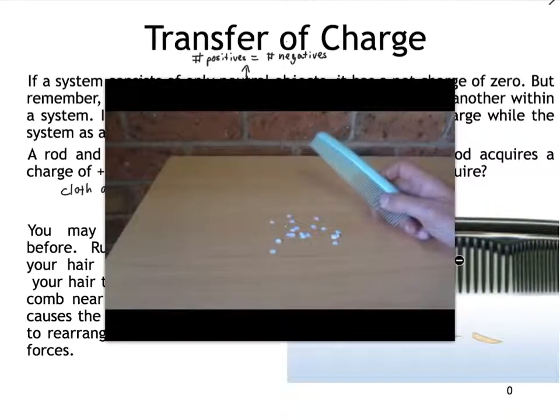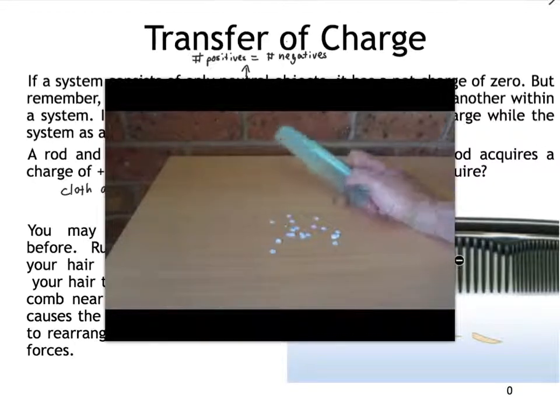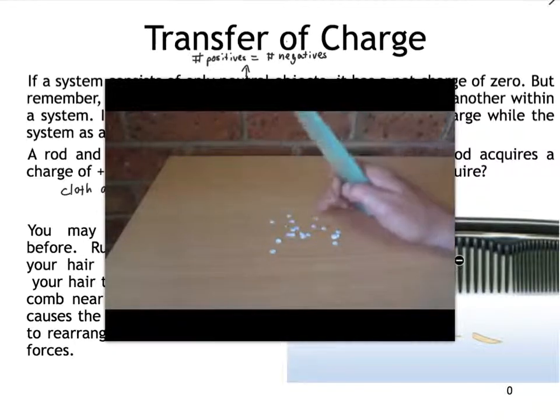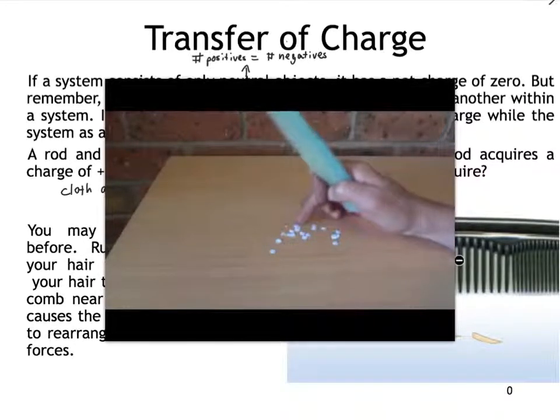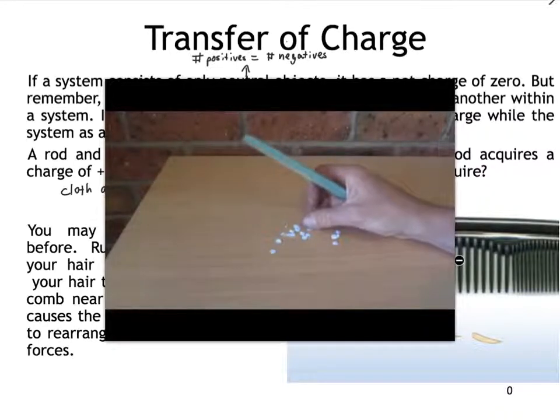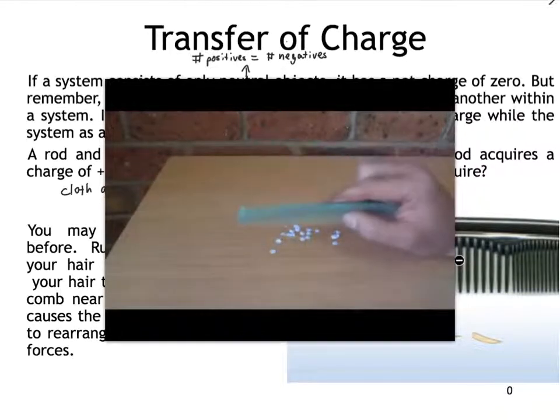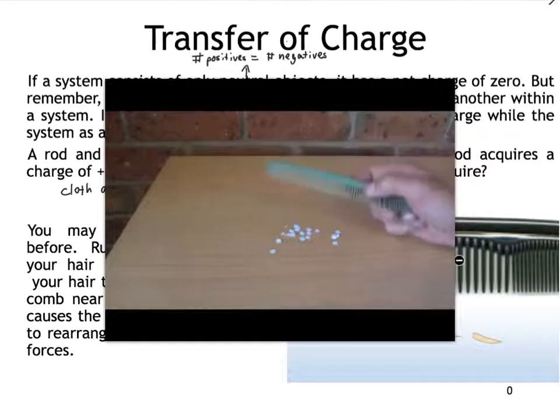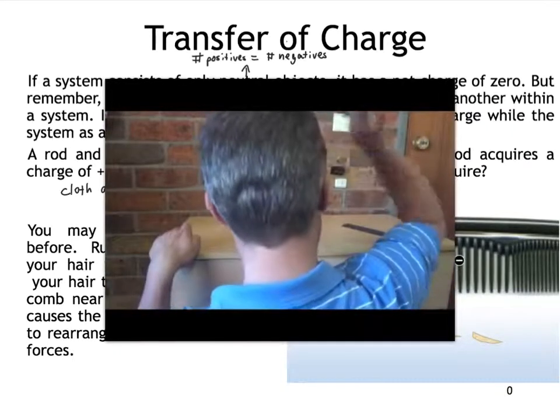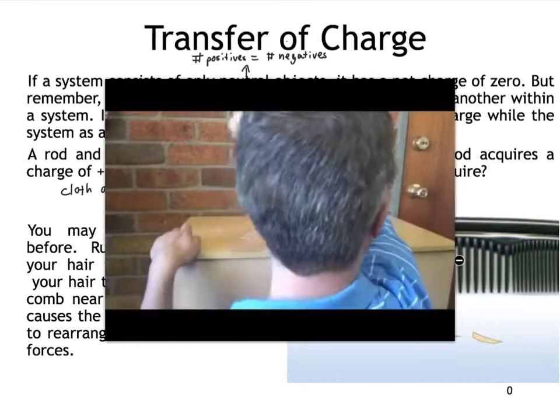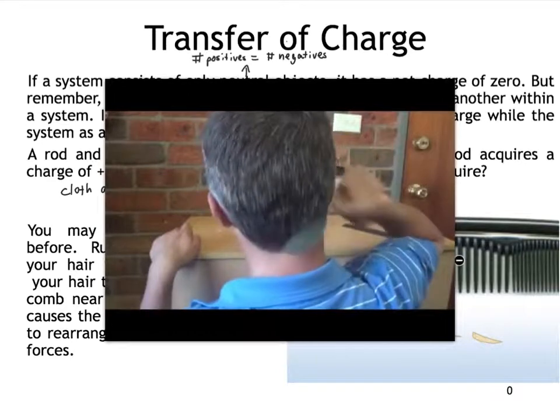Hi there. Today I'm going to show you a fun little static electricity experiment, and all we've got are some little bits of paper. They've come out of a hole punch, those little circles of paper, and we've got a comb. So what we want to do now is comb that comb through my hair. Okay, there we go. Just combing the comb through my hair.